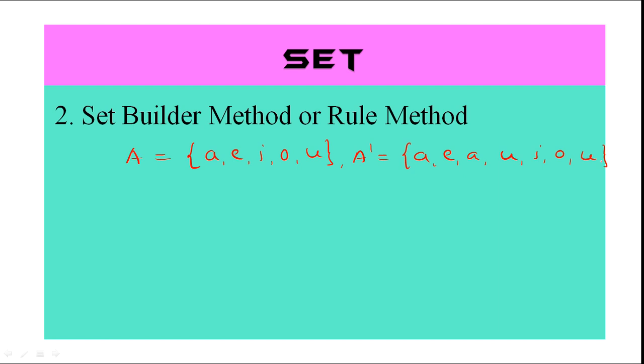So, A and A dash are the same set. Moreover, the order in which the elements have been written does not make any change. Previously, you have seen I was considering this set B. If I write B dash as 4, 8, 6, 2, here both the sets B and B dash are same, because you have simply changed the order. So, changing the order is not making any difference.